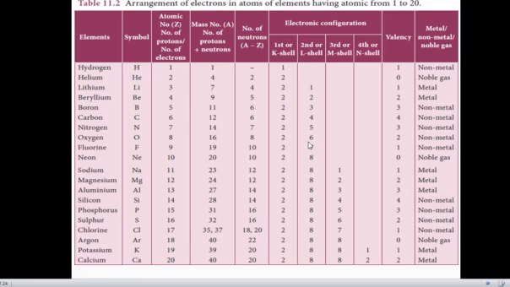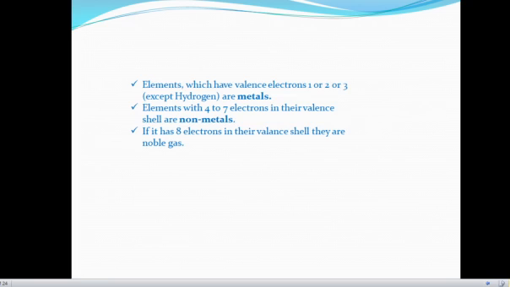Oxygen, we saw now, has 6 electrons in the outermost cell. So 8 minus 6 equals 2. Fluorine, 8 minus 7 equals 1. Like that, for 5, 6, 7 we subtract from 8 and we get the valency of that element.